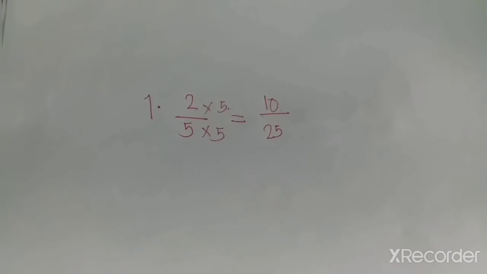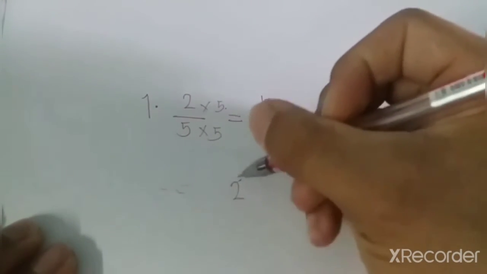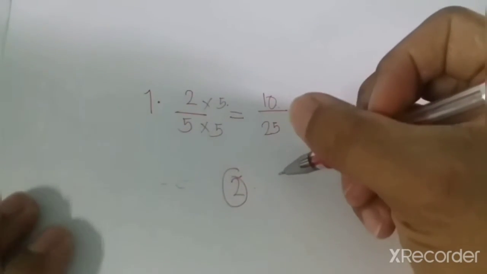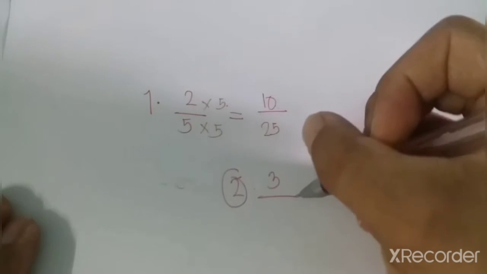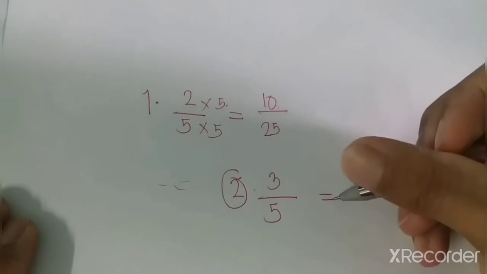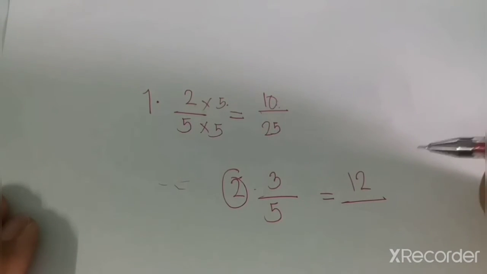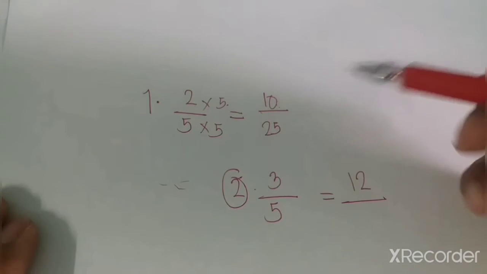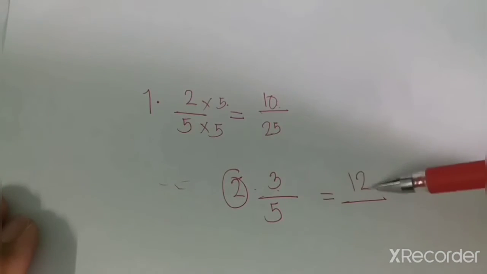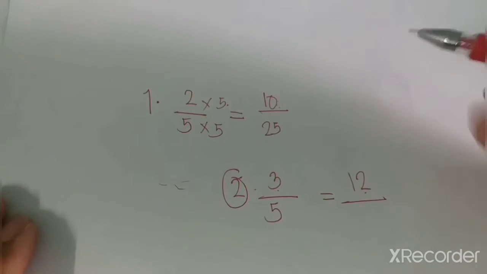Okay, another example in number 2. Here, we have 3 over 5, and the given numerator is 12. Again, think of a number that if you multiply by 3, the answer is 12. Or you can just divide 12 by 3.